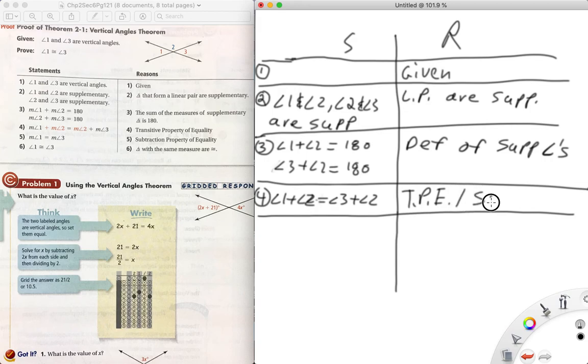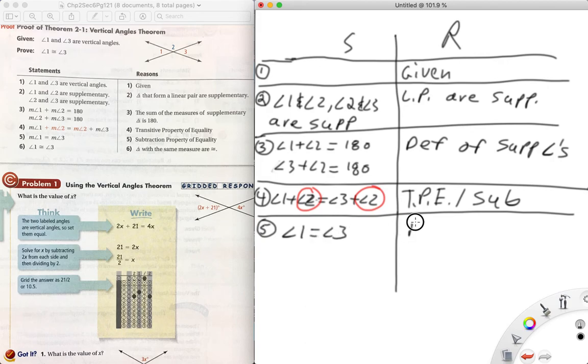Or we can say because of substitution. Either way, but this is more so transitive. If A equals B, B equals C, then A equals C. Notice that there's a 2 over here, and there's a 2 over here. So that means I can subtract those out. So I can say that angle 1 equals angle 3.